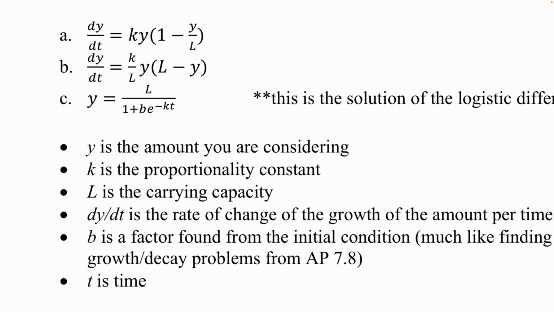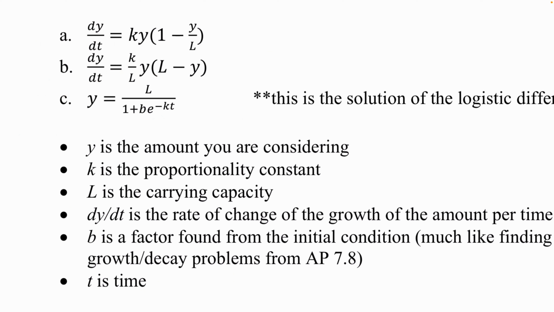Now, while Unit 7 in AP Calculus does involve differential equations and finding general and particular solutions by separation of variables, you will not be asked to do that on the AP exam in just about any scenario imaginable, because it's a pretty difficult way to derive the equation for C. So what you really have to do, and probably the most important thing in this unit, 7.9, is memorize these three equations. And you see where the k's go, where the L's go, and so on and so forth.